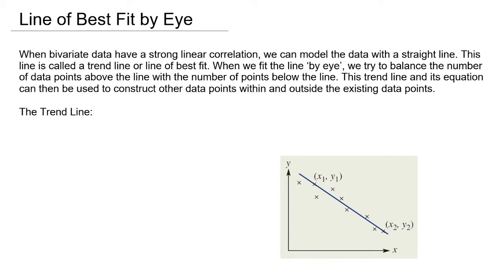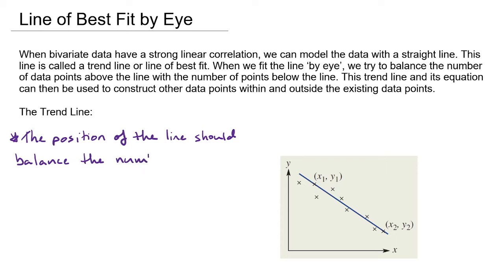All right, so we're looking at all of our existing data points and how we position our data. So the position of the line of best fit. The position of the line should balance the number of data points above and below.